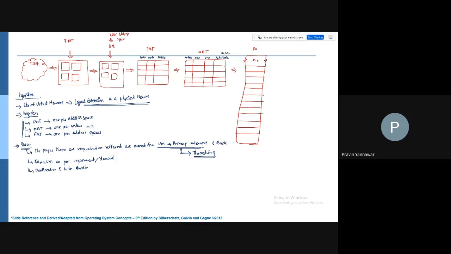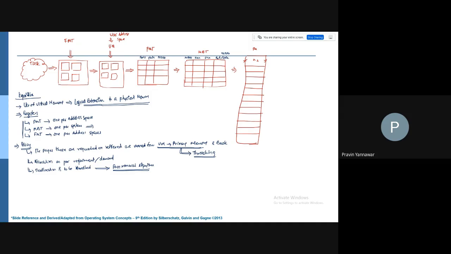So for handling all these deallocations, you need a page removal algorithm. Once a page is requested, it is moved from virtual memory to primary memory. Then you need to move it back again to virtual memory.